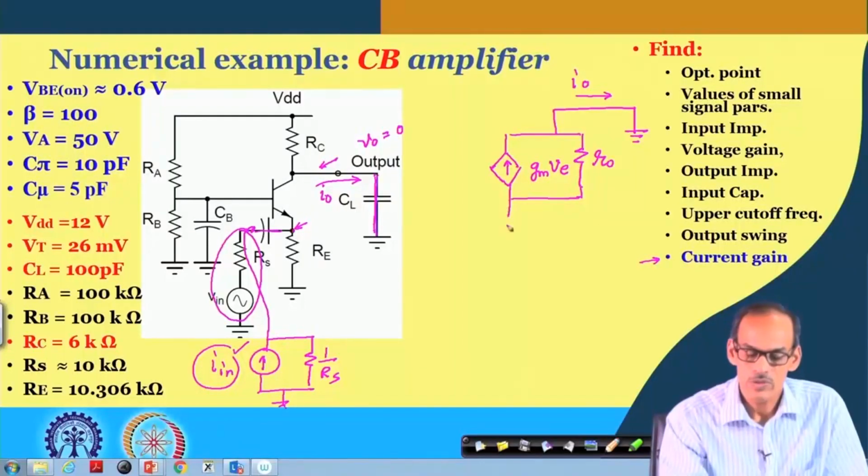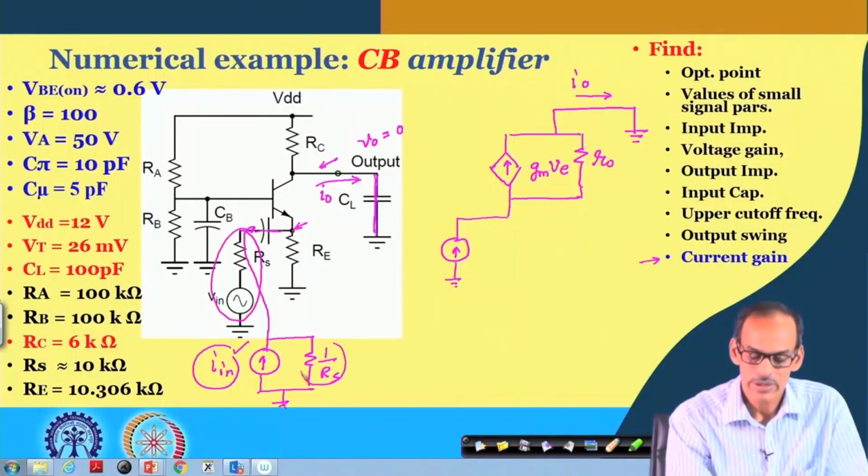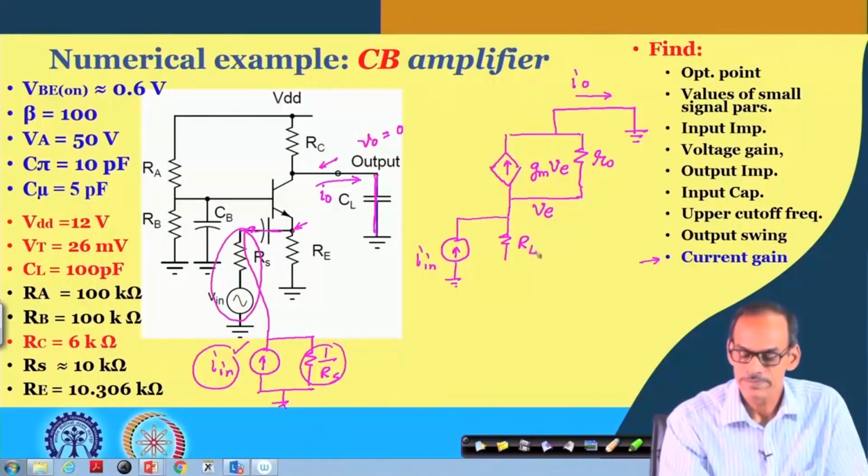At this node we have the signal I in, assuming that this part is 0 conductance. So we can say that I in is entirely flowing through this, producing a voltage of VE here.